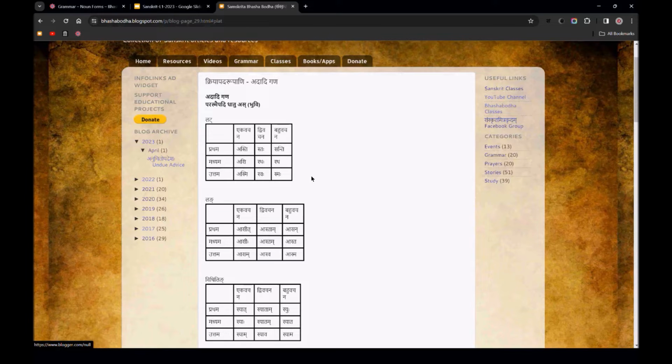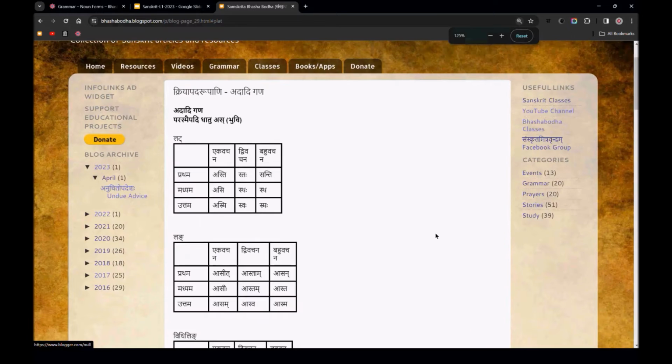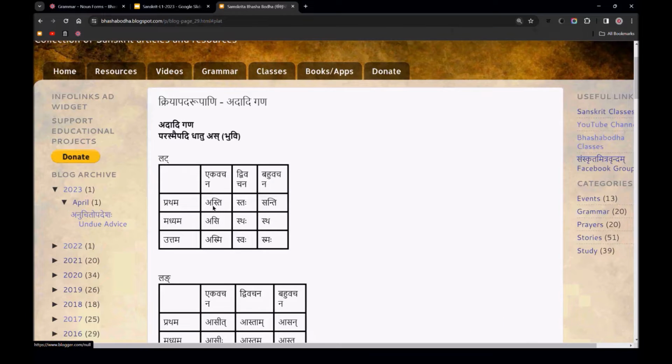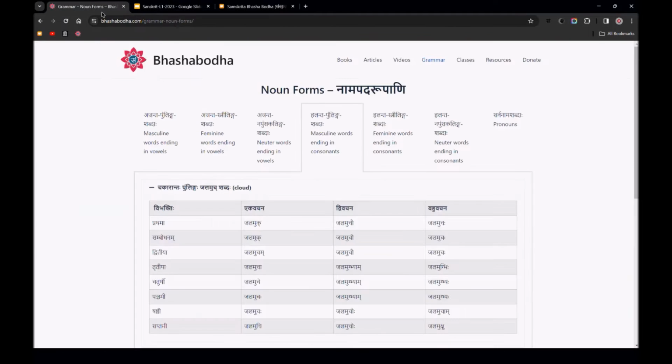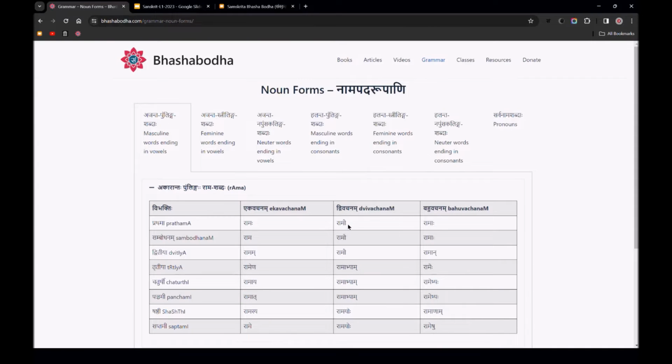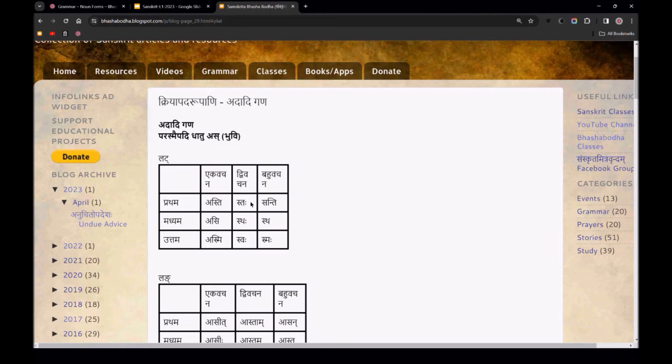If there is one thing that exists, we'll use the form asti. Saha asti, balaka asti, kanduka asti. But if there are two things which exist, then we will have to use the dvivachana form, taha. For example, Rama or balakau. Balakau, then we will use this staha. Balakau staha means two boys exist, are there.